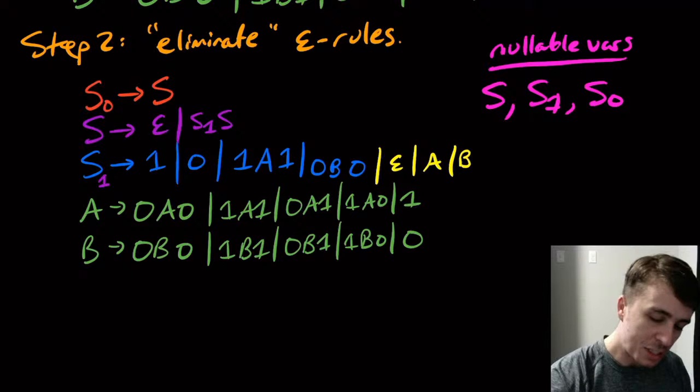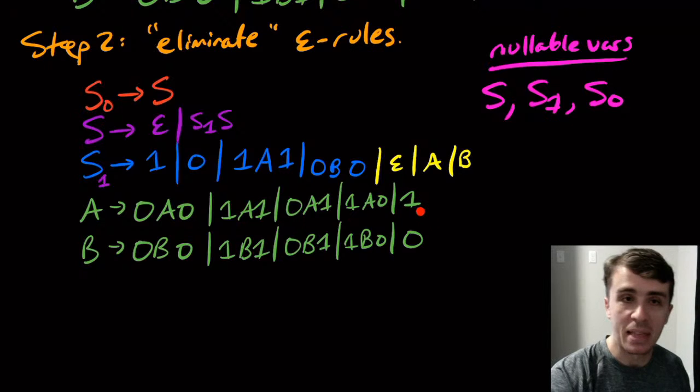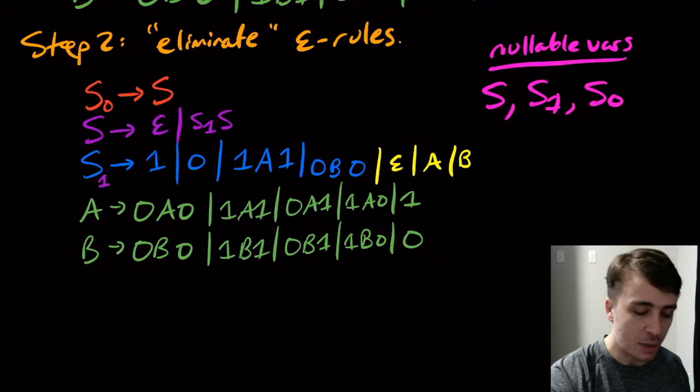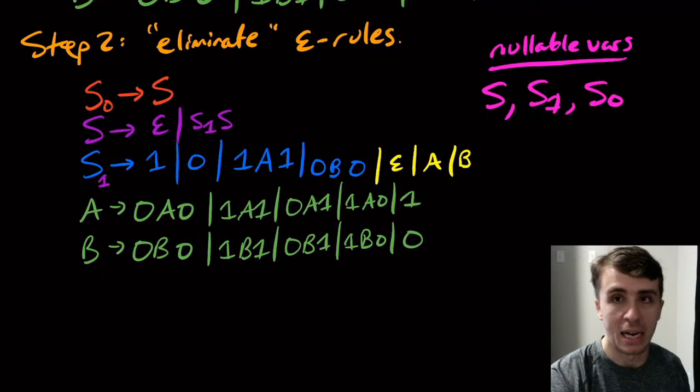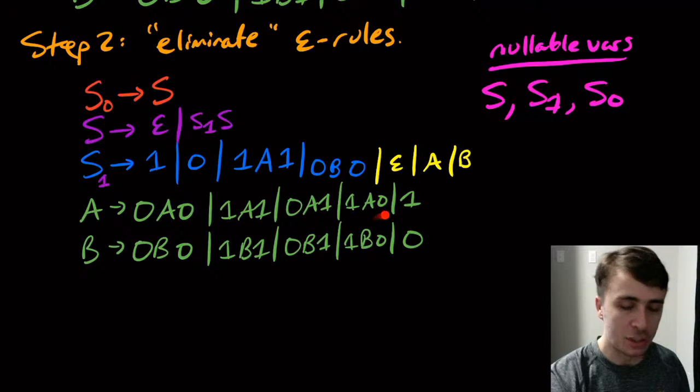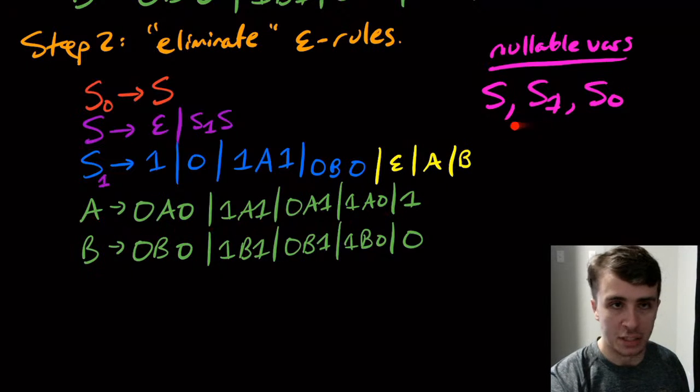But we can see here that A can't make the empty string. Actually, both of these variables have terminals on the right side, and therefore A and B are not on this list.